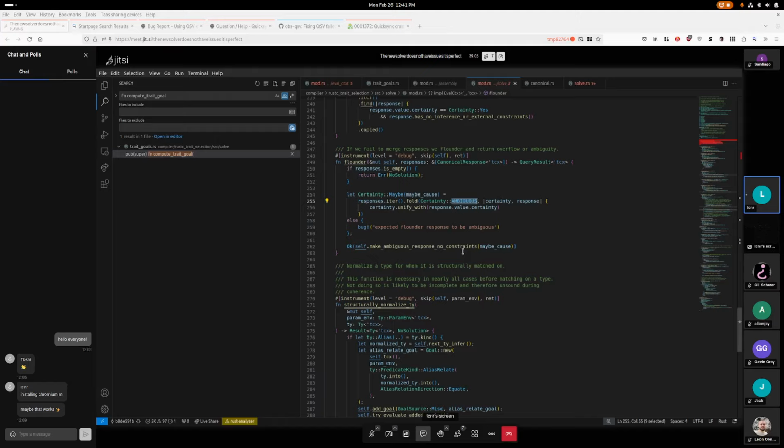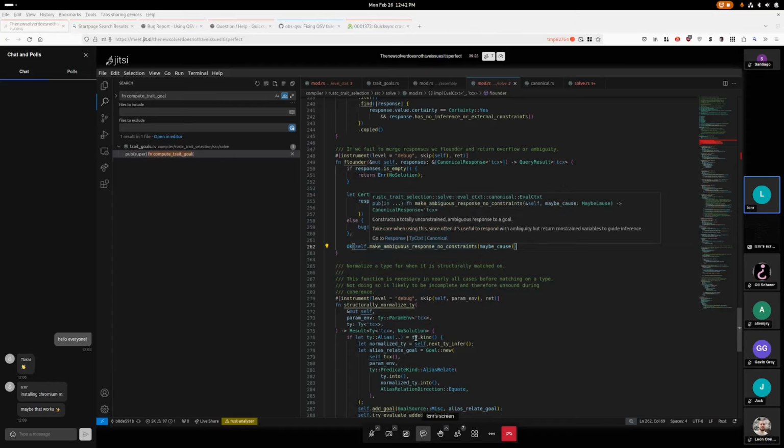Because if one candidate fails with overflow and one would hold, then if the candidate with overflow would actually end up not holding, if we were to recurse deeper, the result would change. So if there's any kind of overflow and we have ambiguity because of that, we also return overflow. That is the basic structure of the solver.